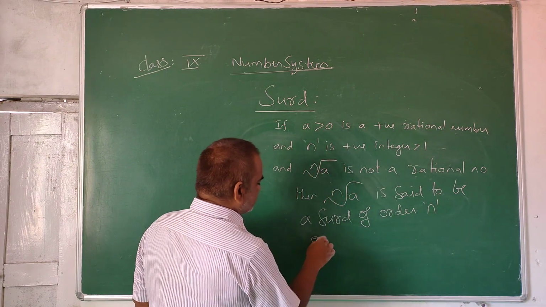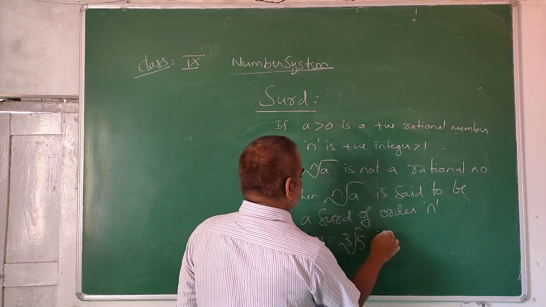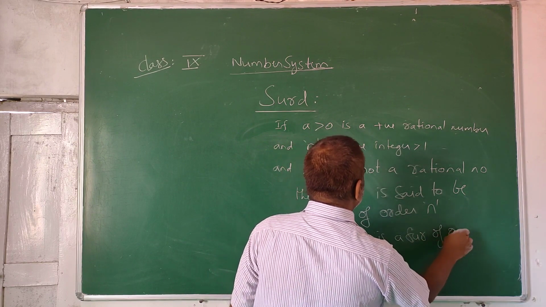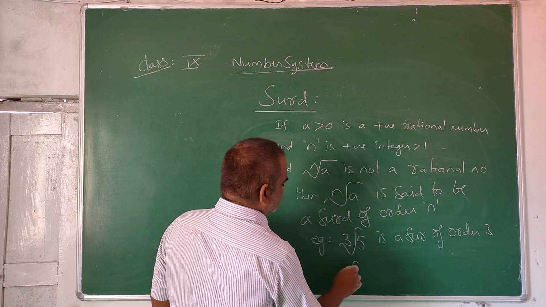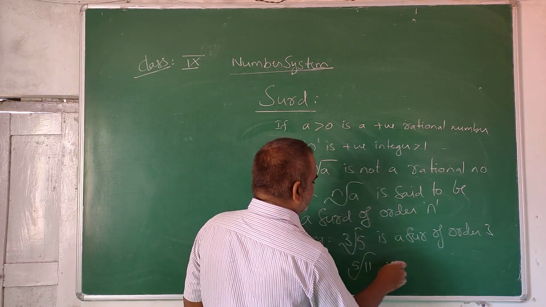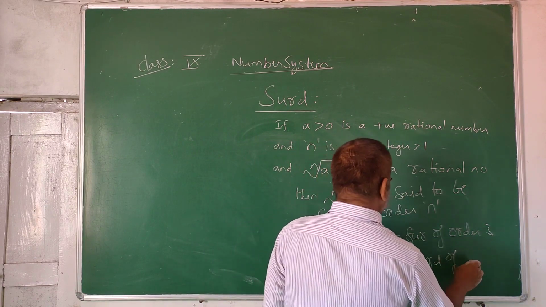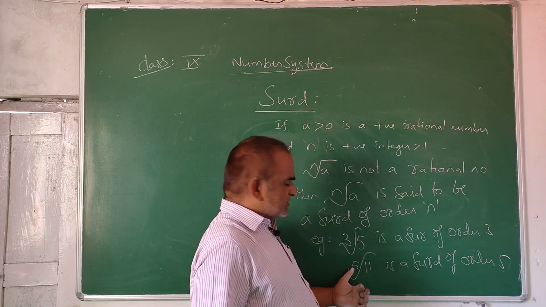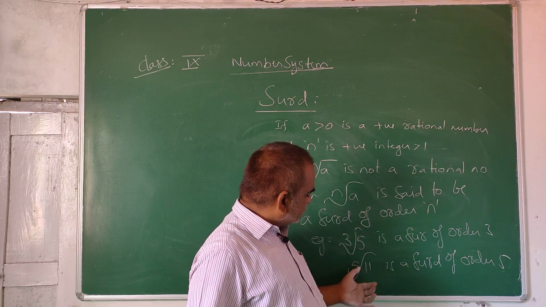For example, cube root 5 is a surd of order 3. Fifth root 11 is a surd of order 5, etc. Here the number that is present is said to be the order.